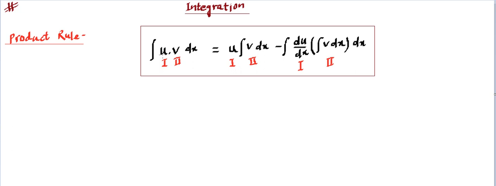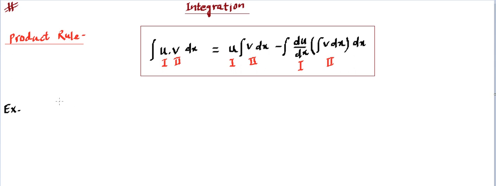Using this we can find the integration of a product, or you can call this the product rule. Let's take one simple example and try to use this. With this example you will learn how to use this particular formula.